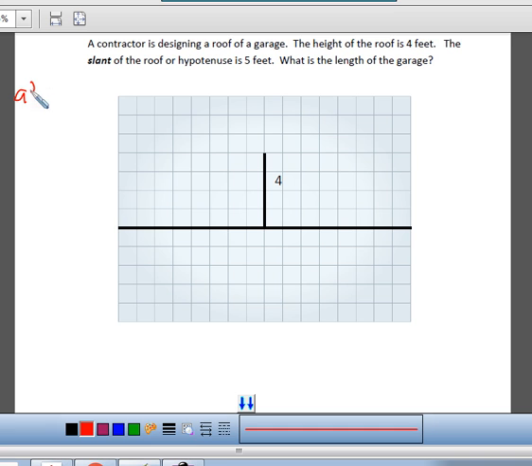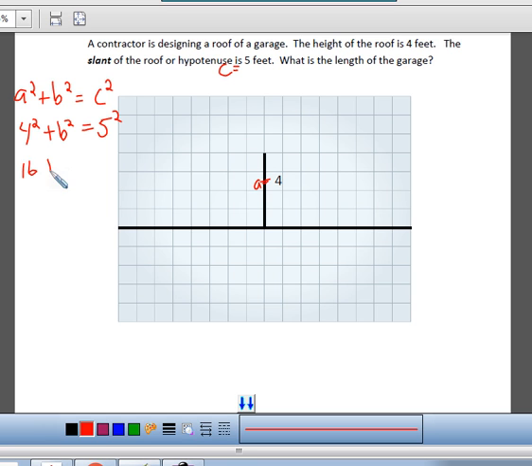Essentially we have a squared plus b squared equals c squared. I'll call the 4 feet a, and the hypotenuse we know is c. So I have 4 squared plus b squared equals 5 squared. Hopefully many of you have already figured out what b is going to be.